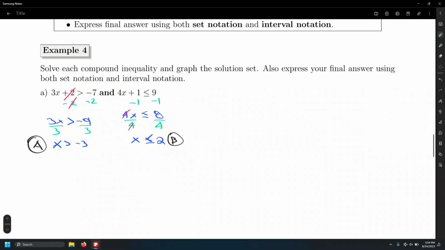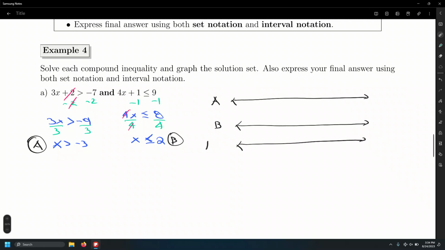All right? So 3 number lines. 1 number line for A, 1 number line for B, and another 1 number line for A intersection B. Why is this an intersection? That's because we're looking for an AND this time. All right? Same idea, it's just how we're going to get the result this time. Okay, 0 in the middle again, just for reference. And well, letter A, x greater than -3.